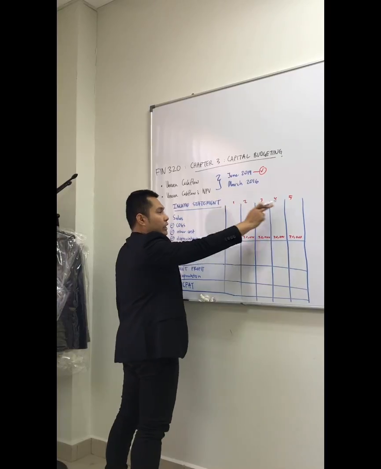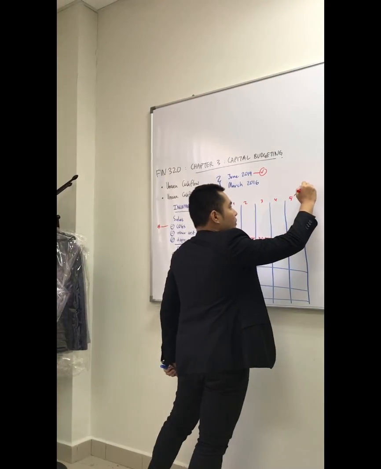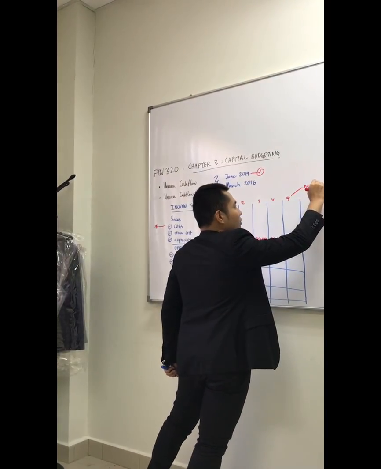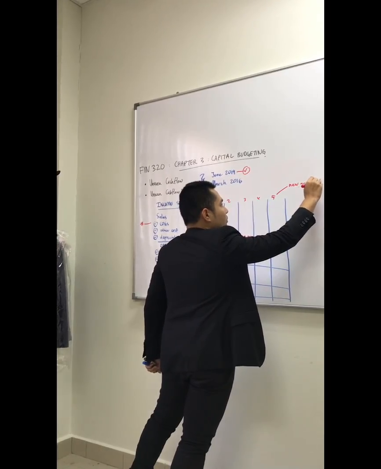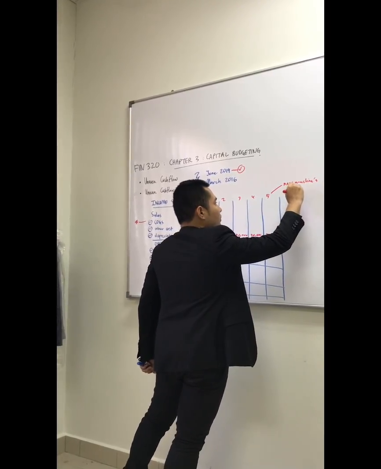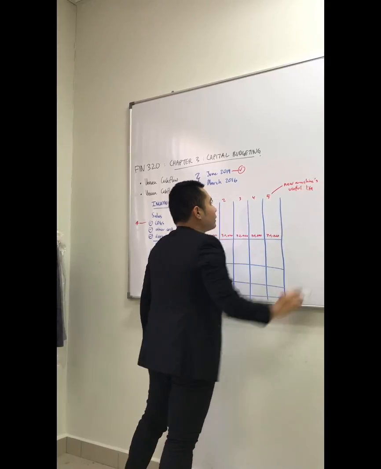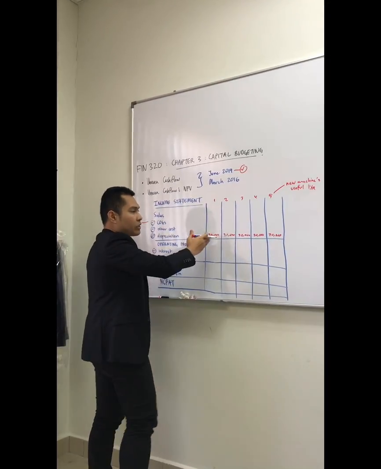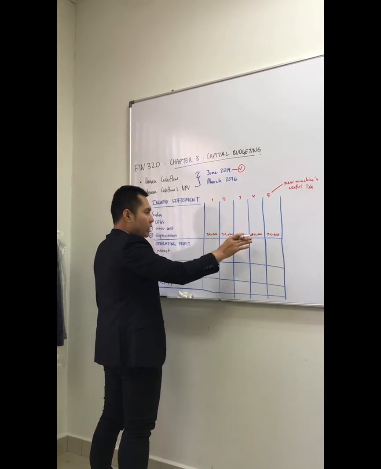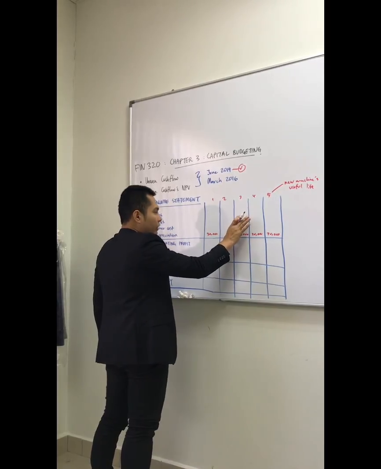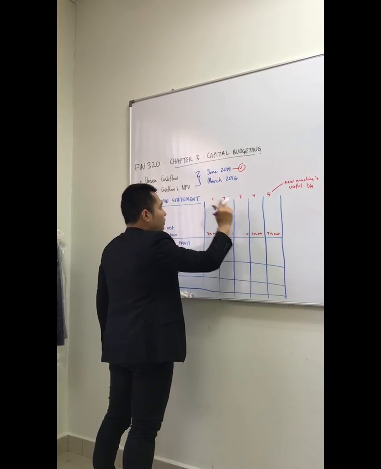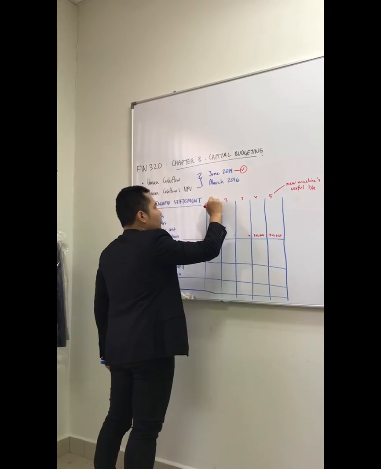Okay, the year depends on the new machine's useful life, right? So if it is consistent every year, meaning there are no changes, you can just report year 1 to year 5.